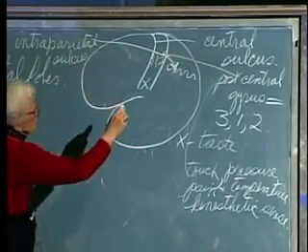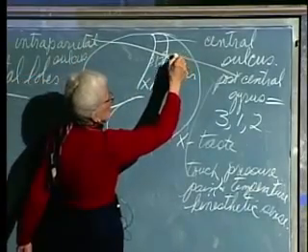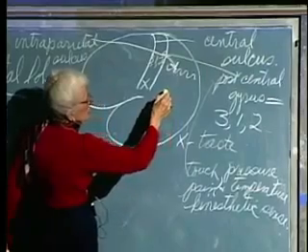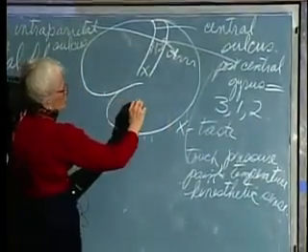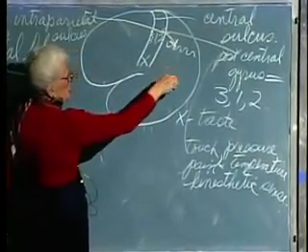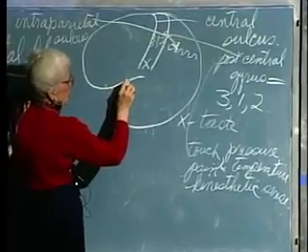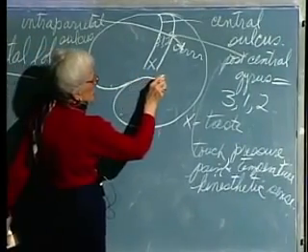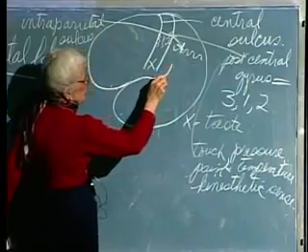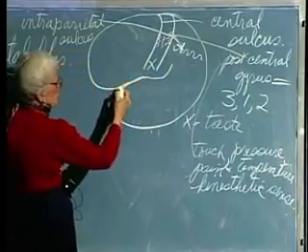So we'll have a superior parietal and an inferior parietal. What we want to look at first is what's happening in our inferior parietal cortex. So we're going to follow our lateral fissure back, and our lateral fissure curves up into our inferior parietal area.